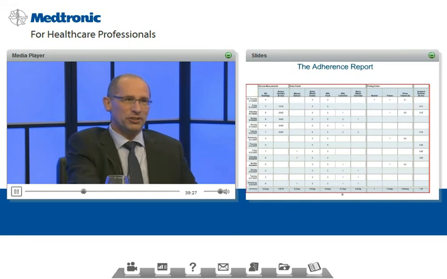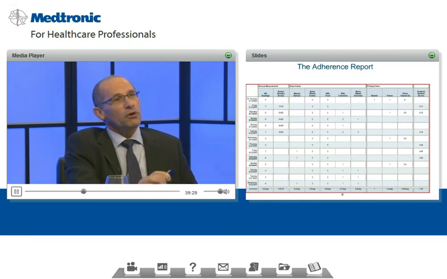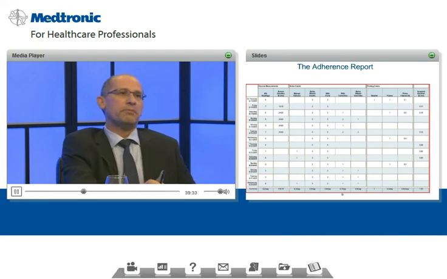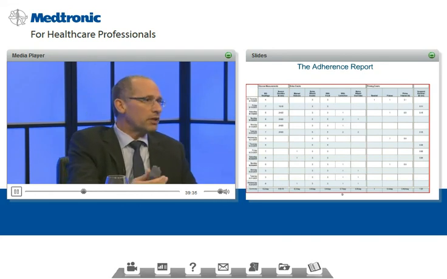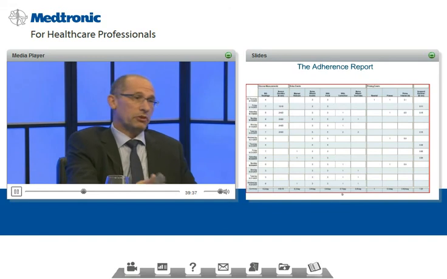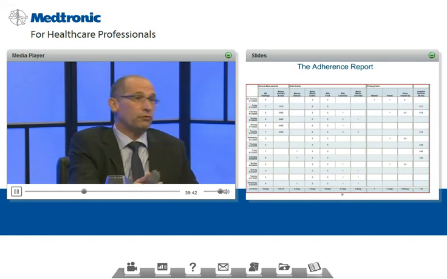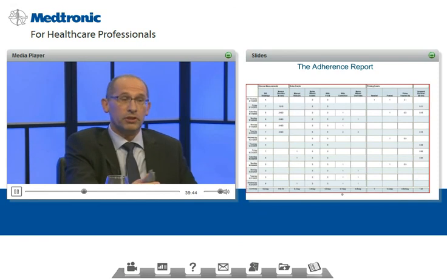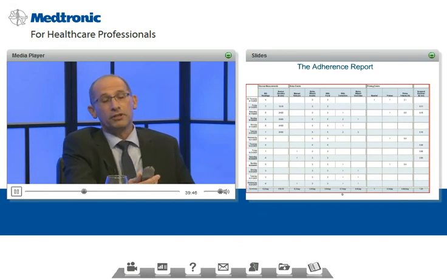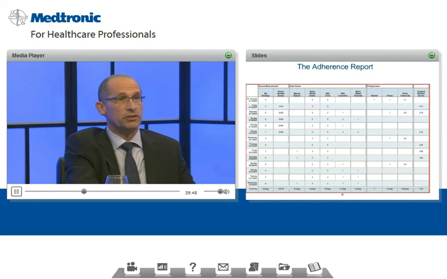The adherence report gives us a very nice picture of the patient's general attitude towards his diabetes, or his psychological sheath. Because on one side, it gives us the amount of glucose measurements that the patient is doing. Is he measuring enough blood glucose per day? You know that it's necessary to measure between 3 to 4 as a minimum when using pump therapy in order to avoid complications like diabetic ketoacidosis.